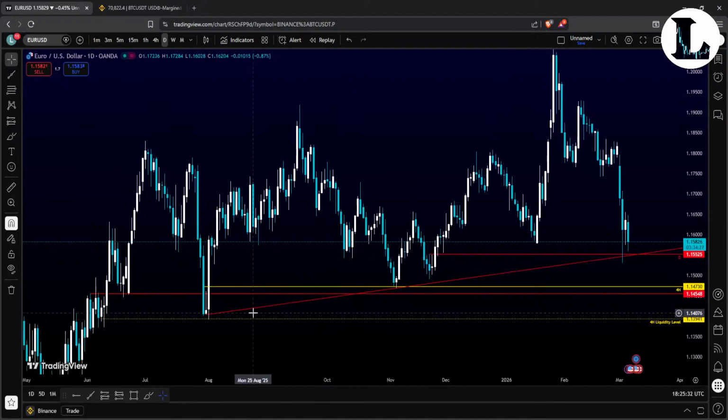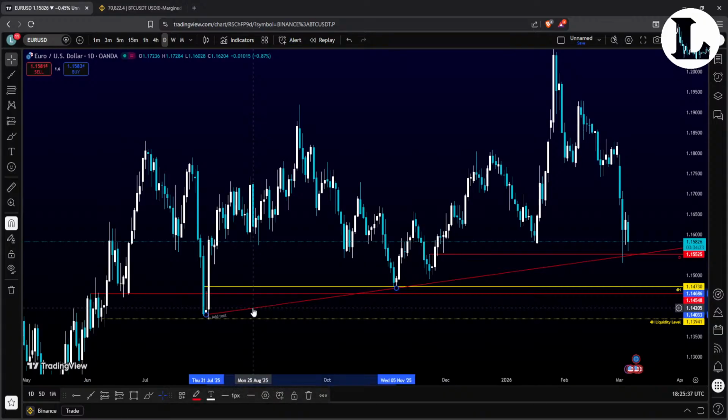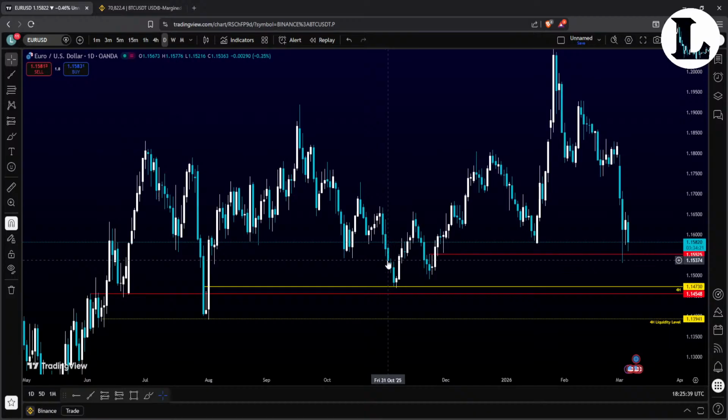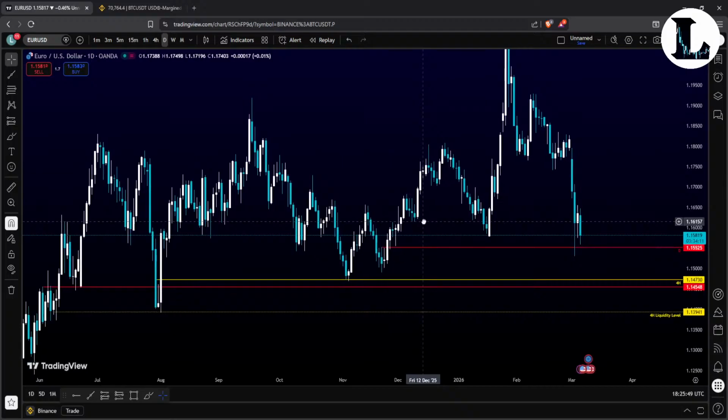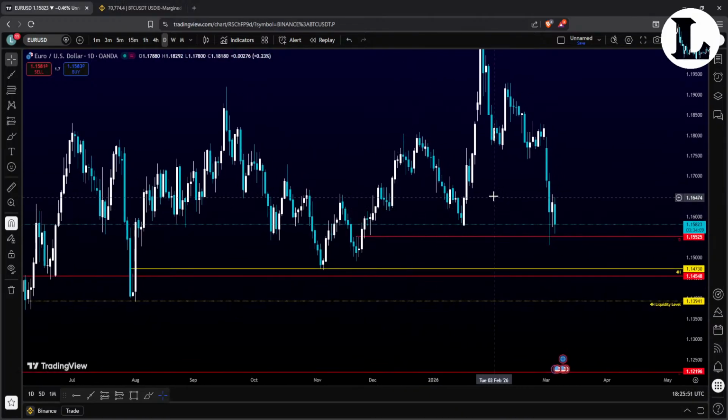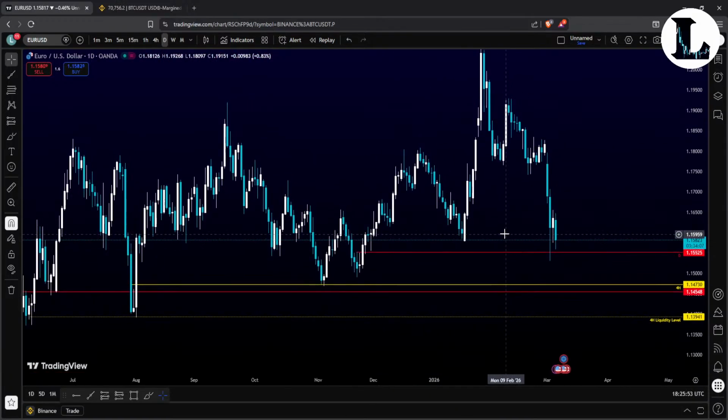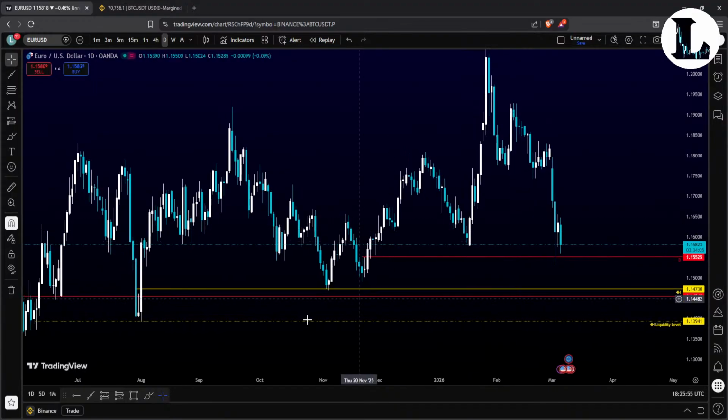I don't need this trend honestly, just because we already tested all these levels, so we just need to understand: are they going to break down, sorry, or are they going to hold the price up?